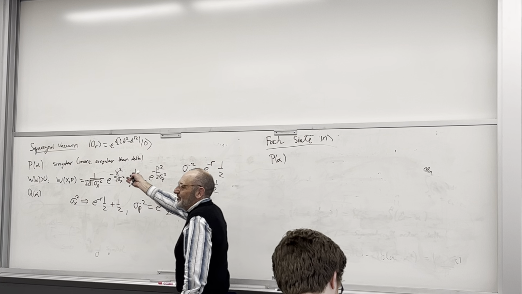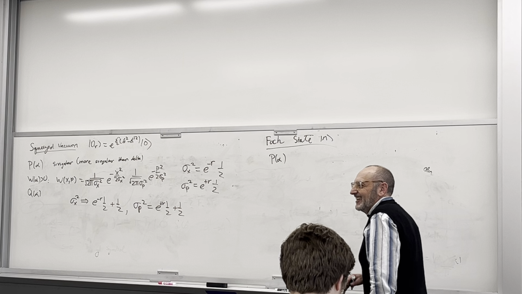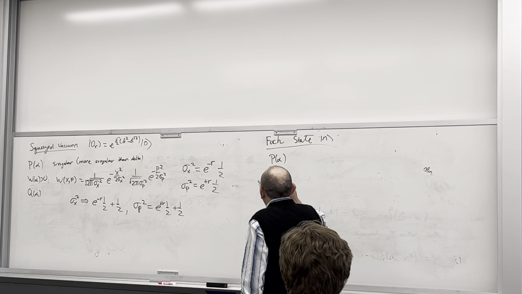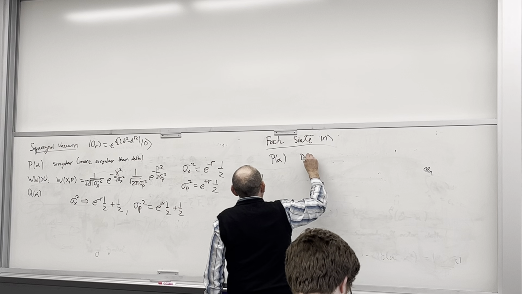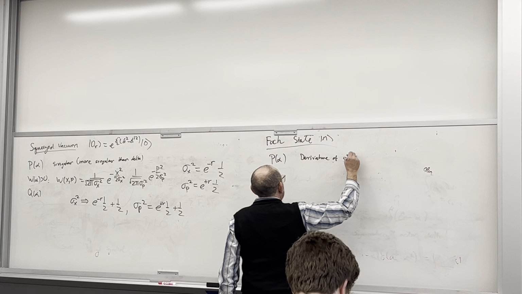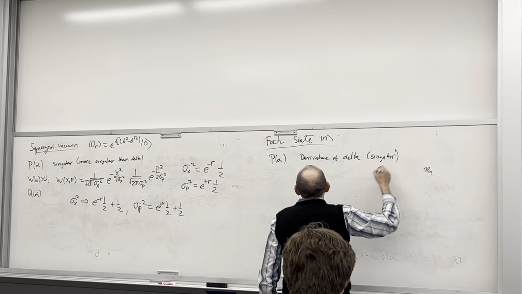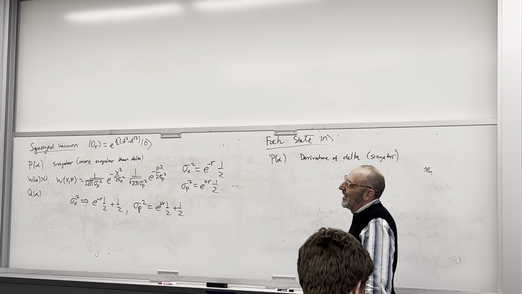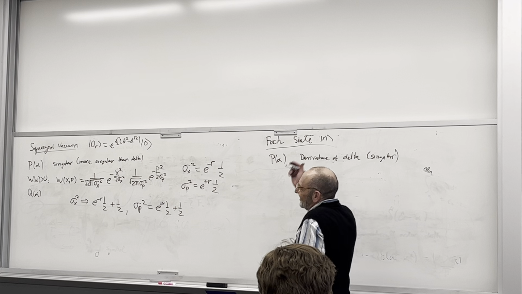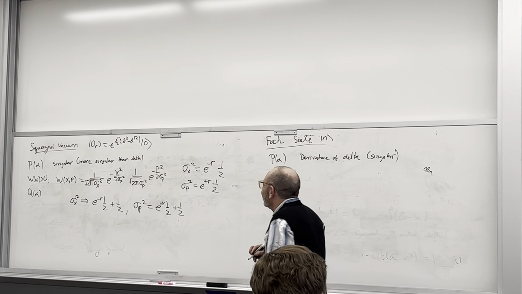In this case, it's an infinite series, whereas this is just 1, 2, 3, 5. So derivatives of delta functions, I'll give you that. We could deal with derivatives with the theory of tempered distributions. But it doesn't exist by any reasonable standard.